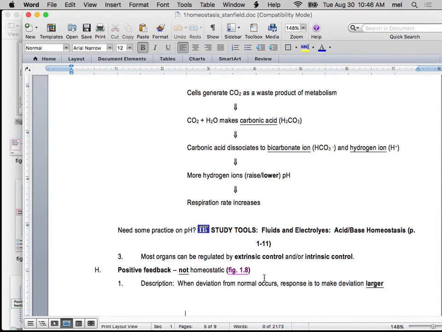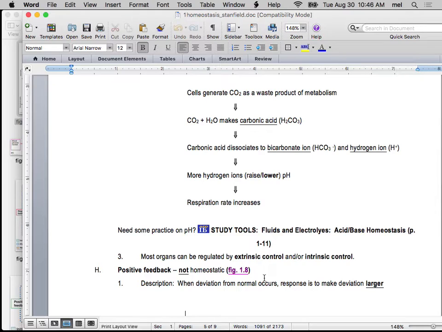Okay, so are most organs and organ systems mostly using intrinsic control or extrinsic control? Yes, they use both. Generally they try the cheapest, fastest way first, and if it is inadequate, then they will call a friend.